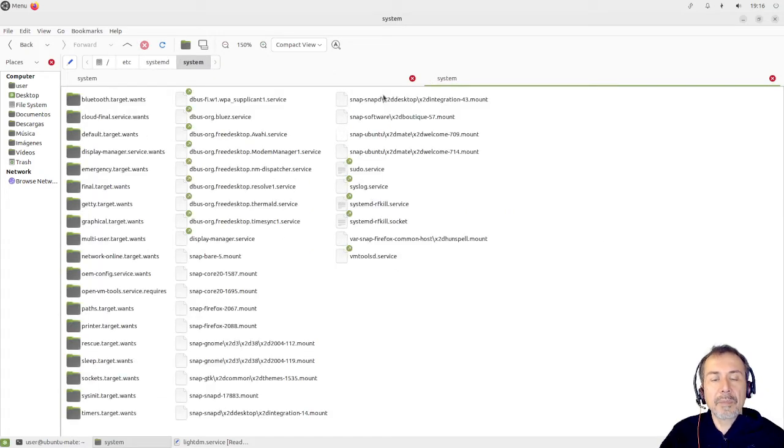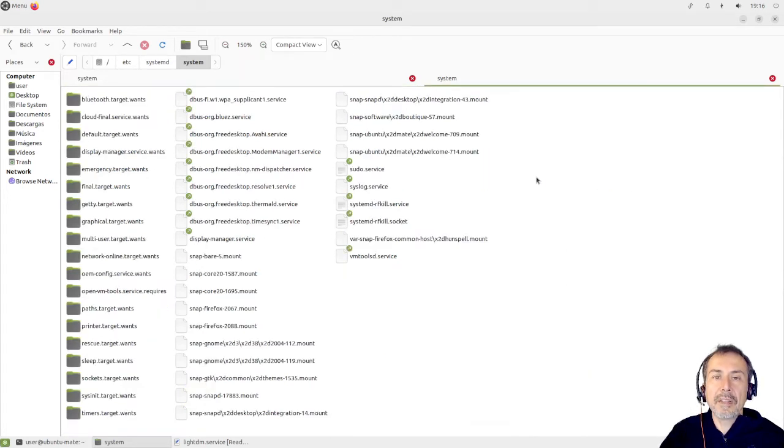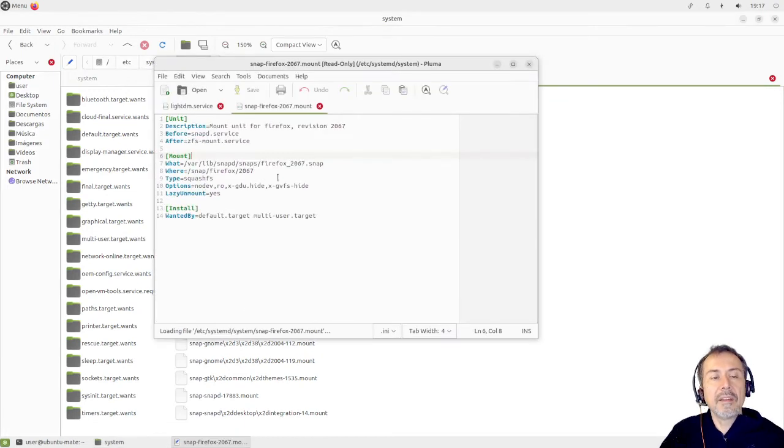As you can see, it's very similar to /lib/systemd, but in /etc the files here have more precedence over the library files, because here is where we are supposed to put our own defined unit files, targets, services, and whatever. But here we have, for example, the Firefox mount service somewhere here. Here we are specifying that it mounts a file system, something more or less equivalent to fstab for mounting units.